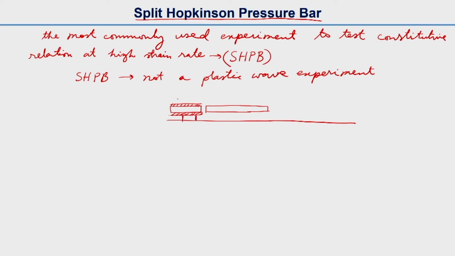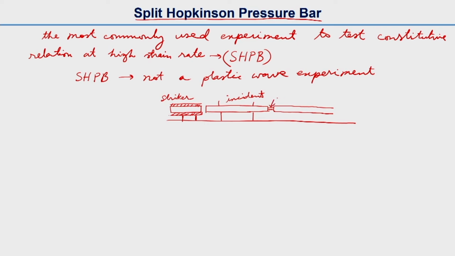This is called the striker bar or projectile bar, and this is the incident bar, and then we have a small specimen. It is small, meaning the diameter is even smaller and the length is very small.